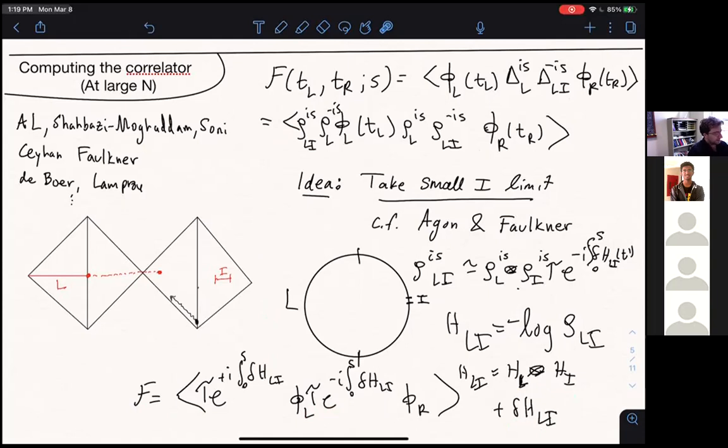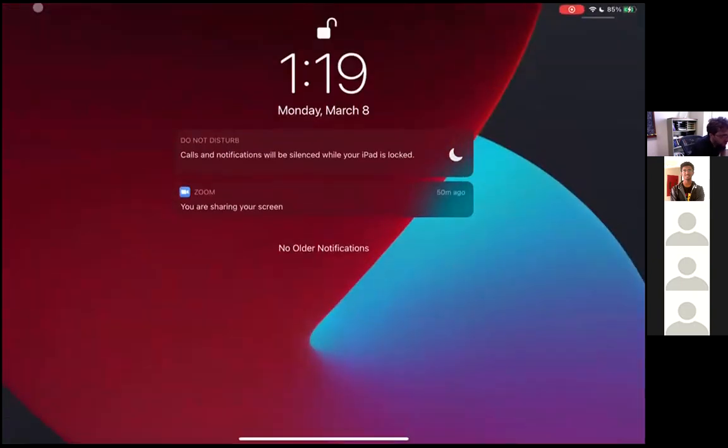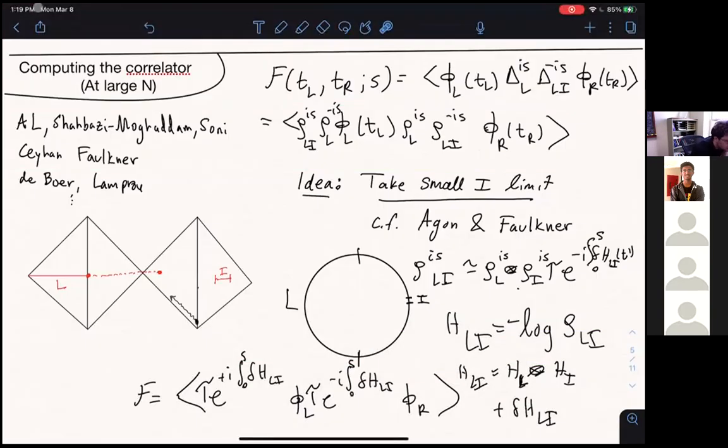Sorry, the statement that ULI is almost factorized, is that a boundary statement or a bulk statement? How do you justify this? It's a boundary statement, right? What is the physics of this? The reason you might expect this is that in a CFT, which is what we're assuming the bulk fields are in this setup, this limit is conformally equivalent to a limit where you keep the size of I fixed, but you move it off to infinity.